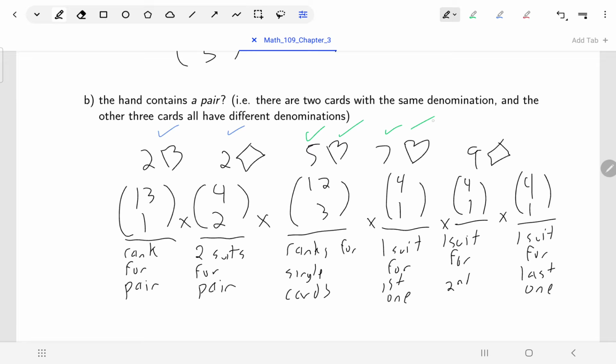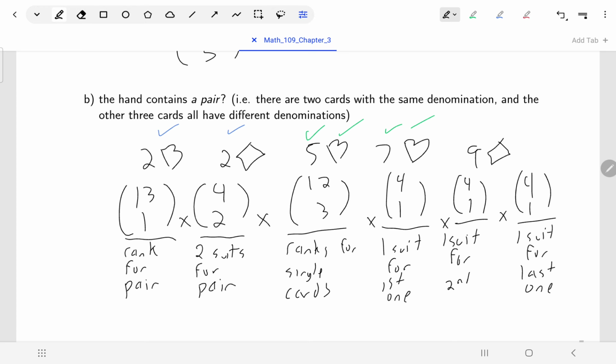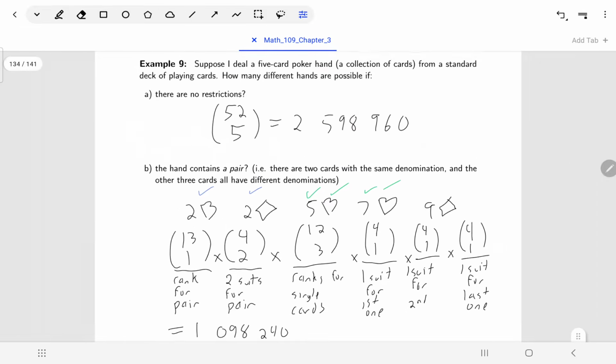We decided which ranks will be single cards, then we chose a suit for a first one, a suit for the next one, and a suit for the last one. And all total, that gives us a grand total of number of selections being 1,098,240.